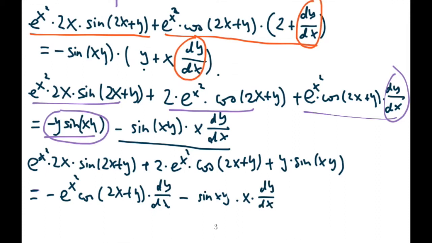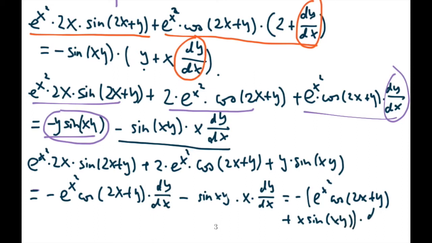Basically we can factor out the dy over dx on the right-hand side and write it as negative parenthesis e to the x squared times cosine of 2x plus y, plus x times sine xy, and then times the whole thing by dy over dx.